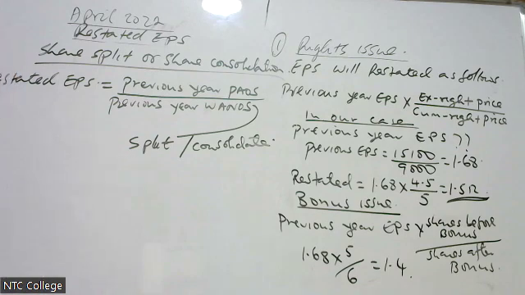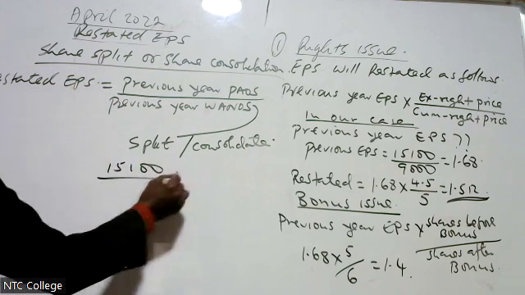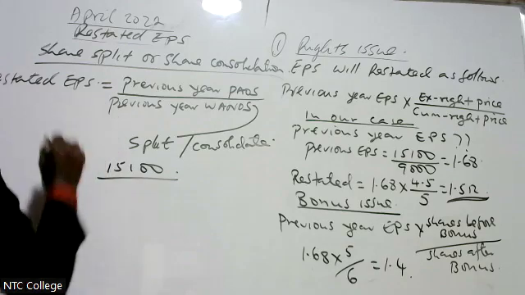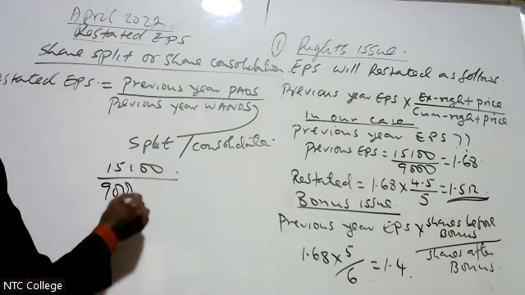Like, let me assume using our question. Our previous year powers was 15,100. That is in 2020, 15,100. Then I assume that my one-offs was 9,000.